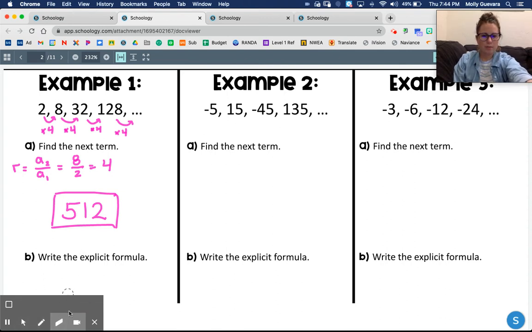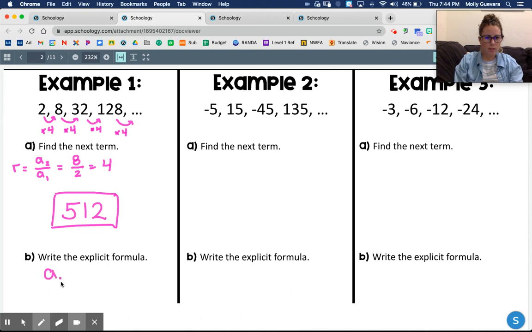Okay, I'm going to try to write the explicit formula here, just really down low. Write the explicit formula. So looking up above at our notes, the explicit formula is a sub n equals my first term, which is 2, times my multiplier, or my ratio, which is 4, to the n minus 1.